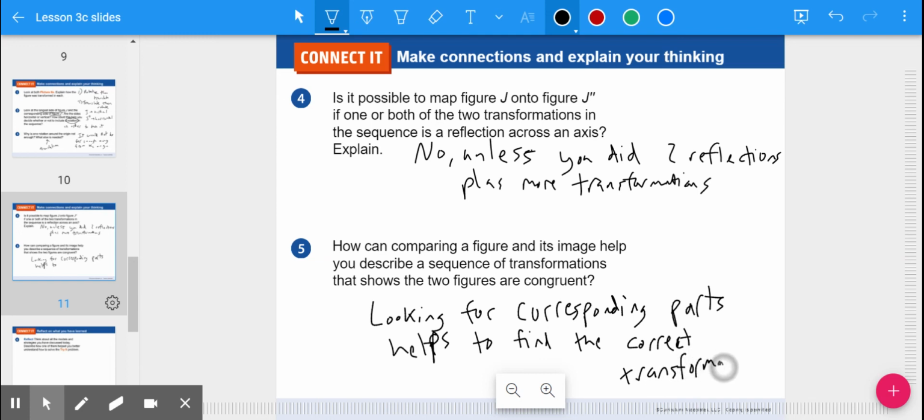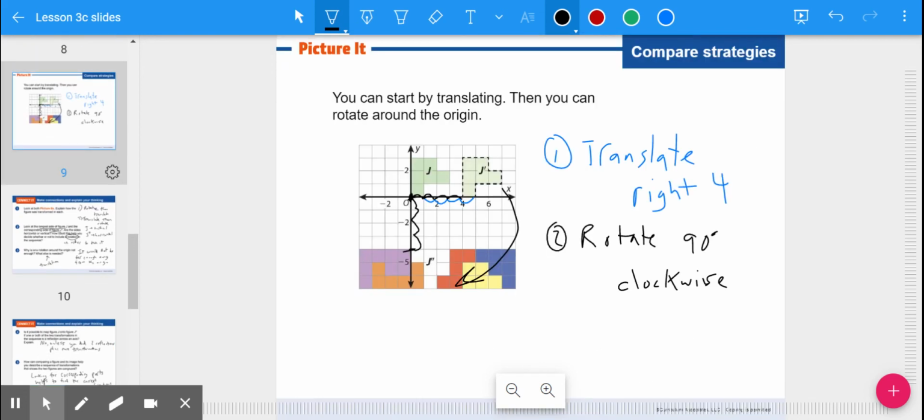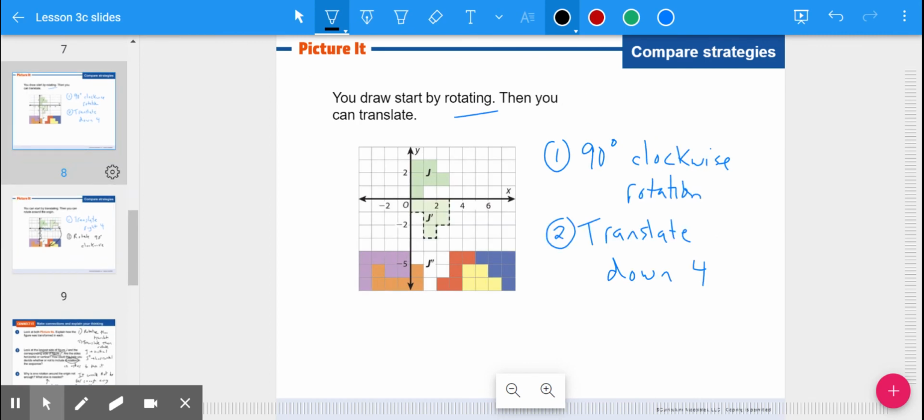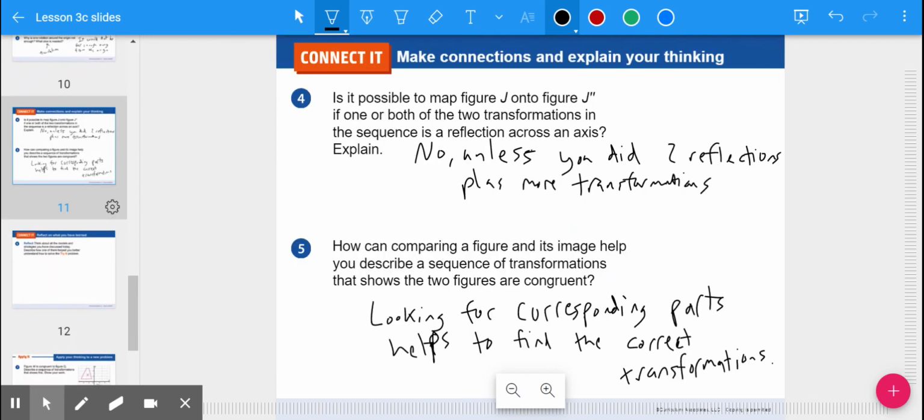One example is what we talked about in our example, the longest side. We knew it was on the left, it had to be on the top, so it had to rotate. So looking for the corresponding parts will really help to find what transformations would work, and then if it would actually be congruent. Corresponding parts is key there.